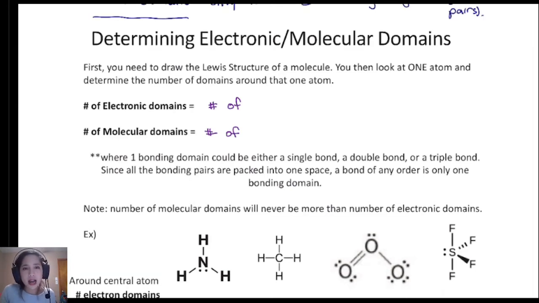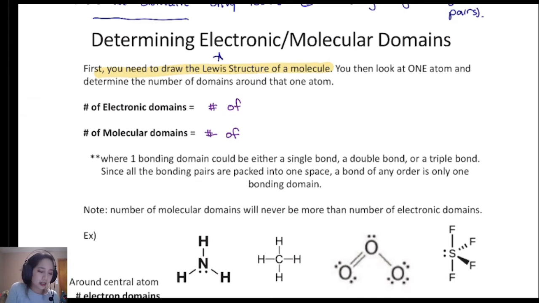So how do we determine the number of electron domains and molecular domains? The most important skill you need in order to do this is drawing Lewis structures. If you don't have a correct Lewis structure for a certain molecule, you will never get the electronic and molecular domains correct. So step number one is that you need a correct Lewis structure for the molecule.